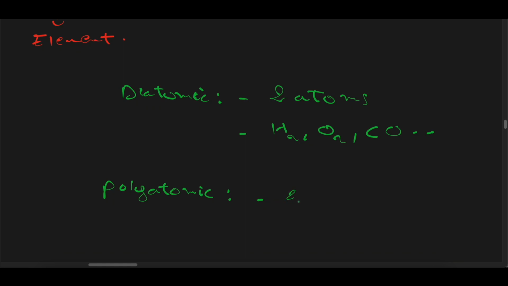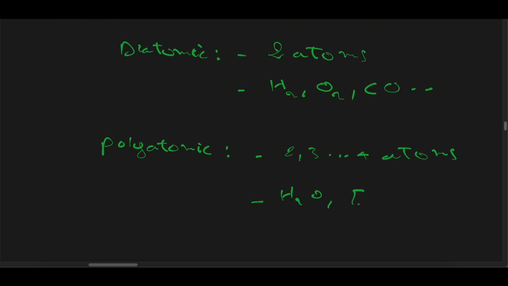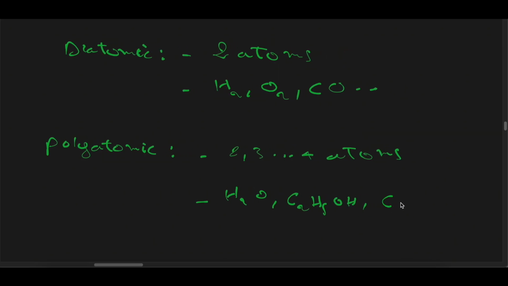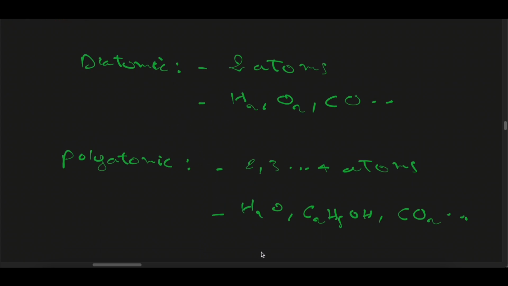So it is a molecule that is composed of 2, 3, or more atoms, like water, ethanol, carbon dioxide, and so forth. So we have reviewed the types of molecules that we have.